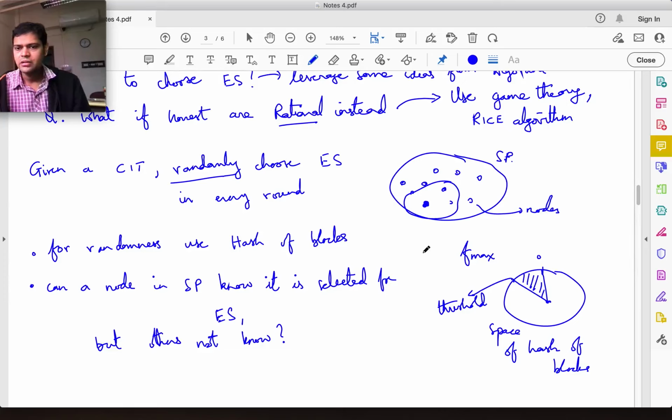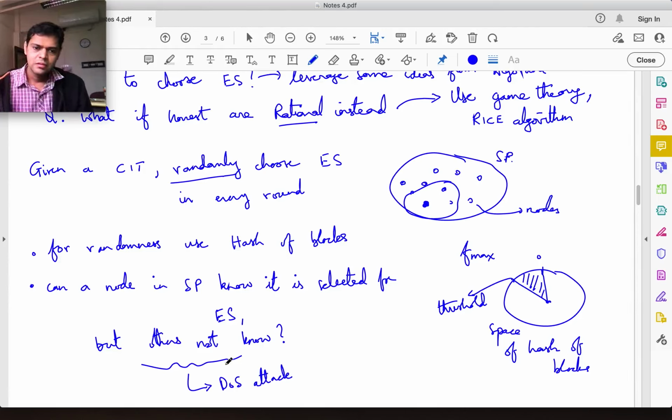They might do a denial of service attack to prevent that node from actually submitting its solution. So there are all sorts of attacks possible. The more complicated you make it, the better.